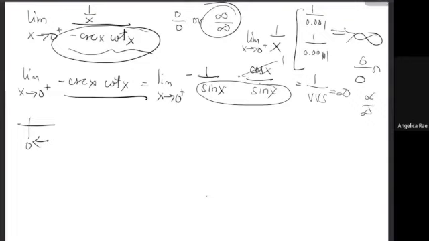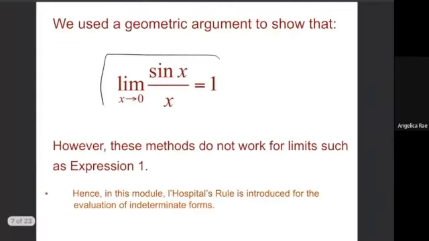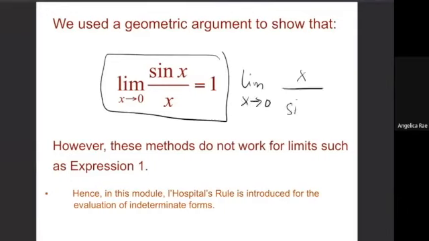Wala bang paraan dyan? Now, you have to remember, if you deal with trigonometric functions, meron pa tayong isang paraan para magamit natin. Baka lang. This also works if you have a limit of x over sine of x.